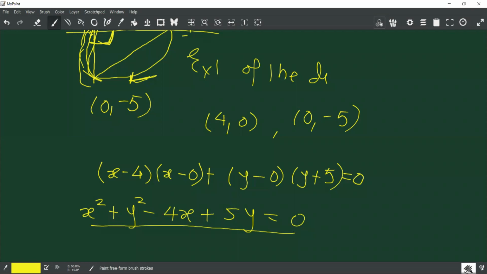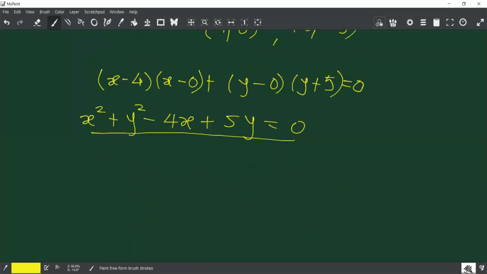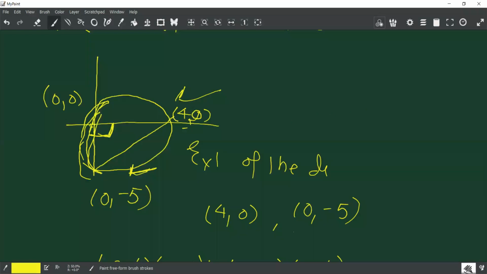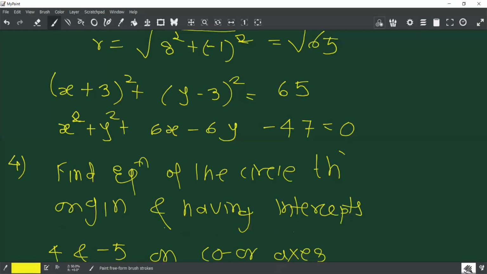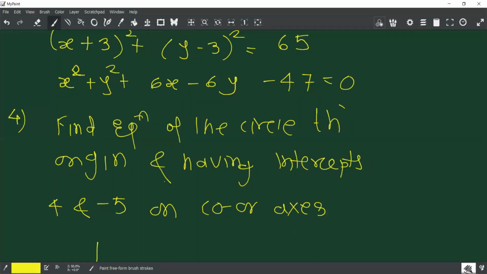Somebody wants to see the question. 1 minute. Find the equation of the circle passing through the origin and having intercepts 4 and minus 5 on the coordinate axis. Om, did you get that? Now, can I go to the next sum?